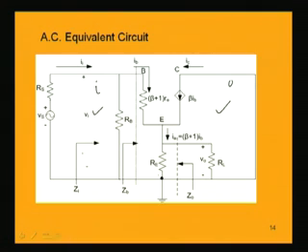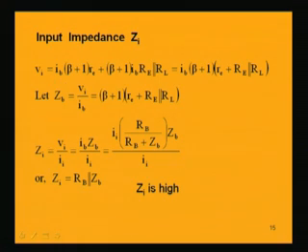So, doing that we find Vi. Vi is equal to Ib into (beta plus 1) re plus (beta plus 1) Ib into Re parallel Rl, and that can be combined, taking common Ib and (beta plus 1), to get Ib into (beta plus 1) into small re plus Re parallel Rl. So, this is the expression for Vi.